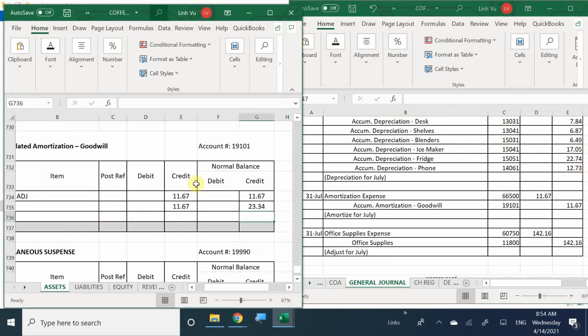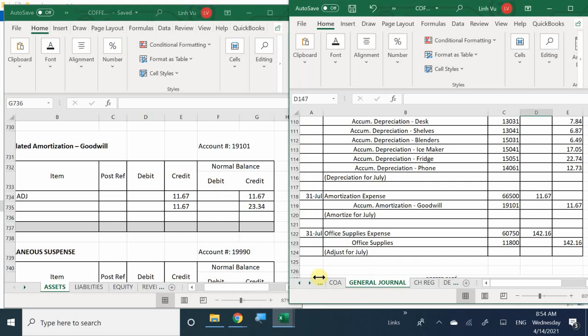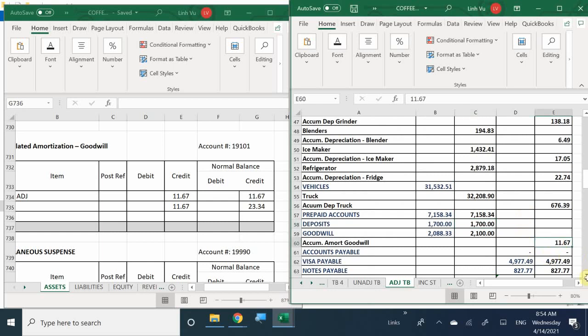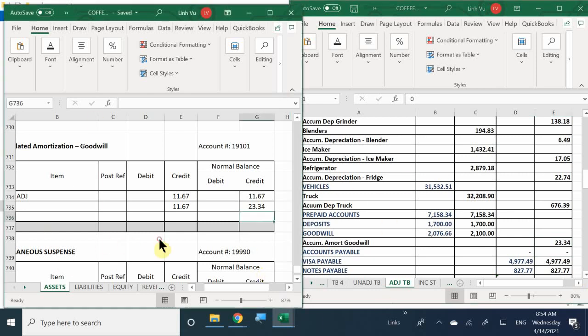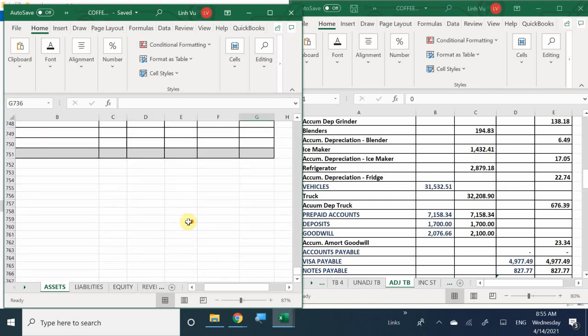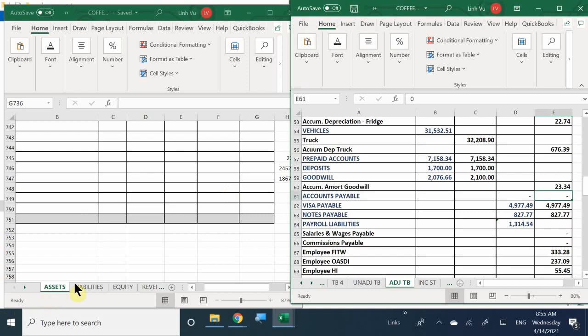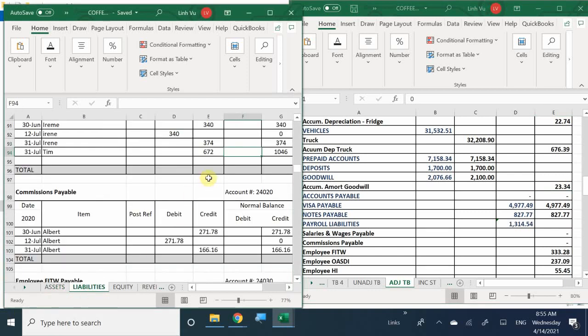So maybe I didn't save it. Total of 2330. Oh, wrong sheet. So now it should be 2334. Okay. So there we completed all of our assets.